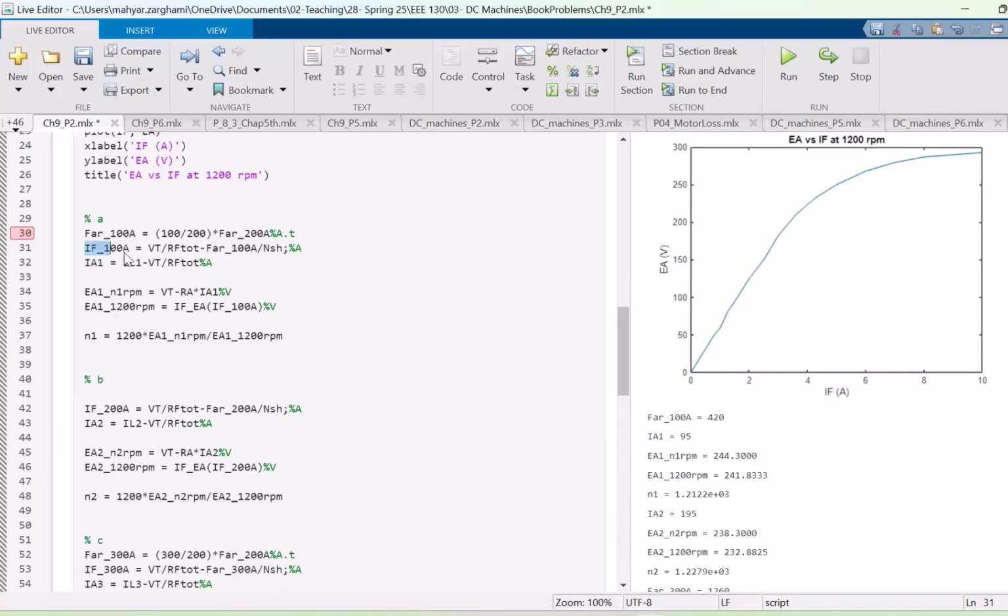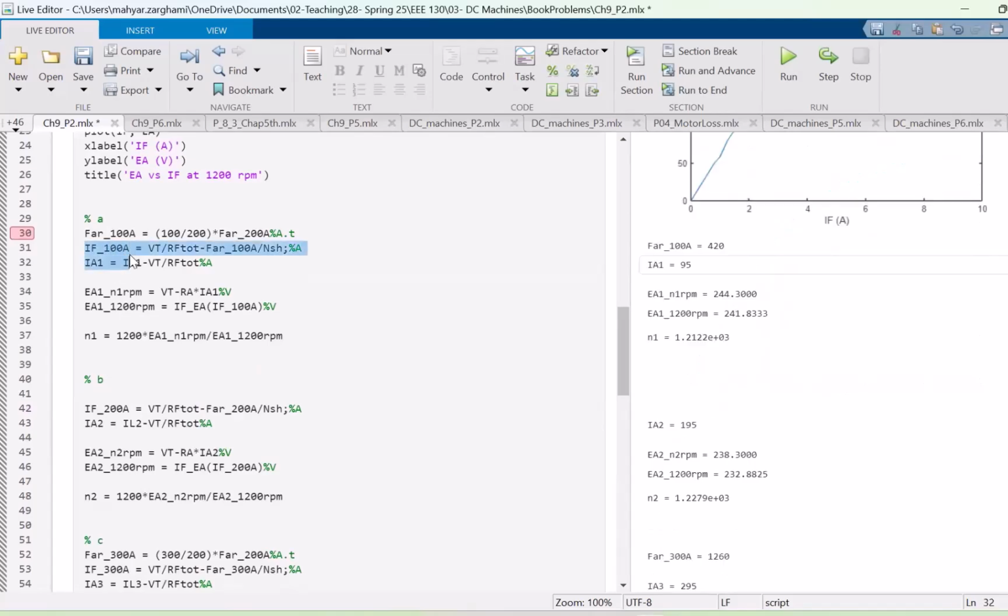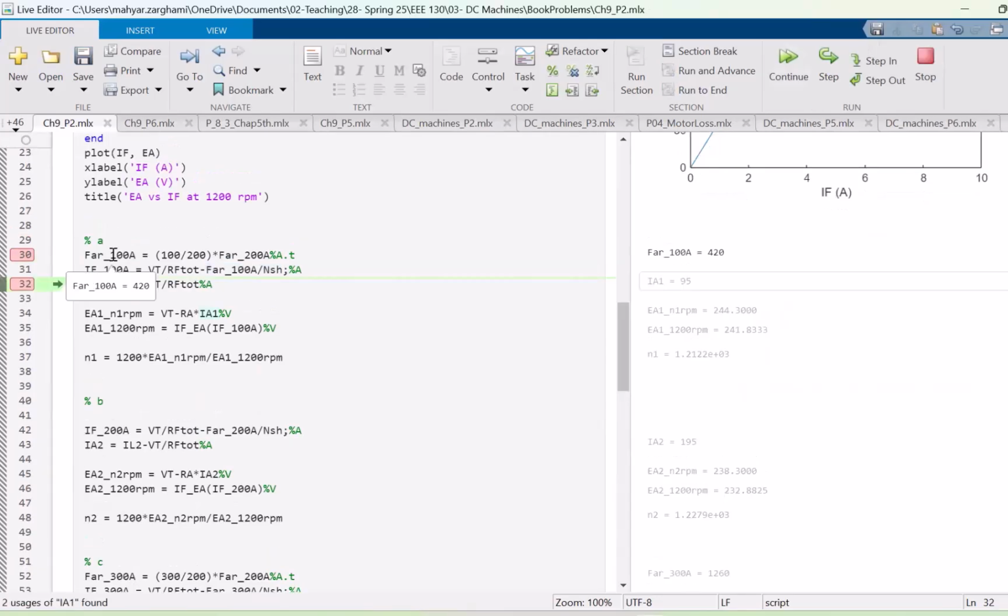And then IF under 100 amps would be, this is the IF star, in other words. That would be the actual current in the excitation circuit minus the effect of the armature reaction at that particular point. The armature reaction would be equivalent to 420 amp turns. We need to divide that by the number of turns. So this would be the effect of the field current subtraction.